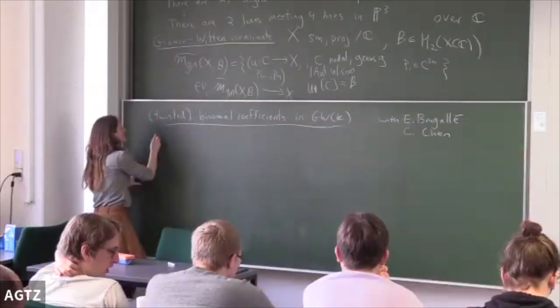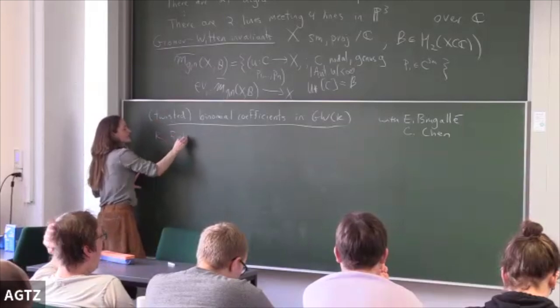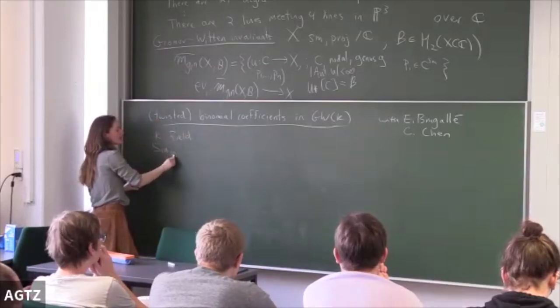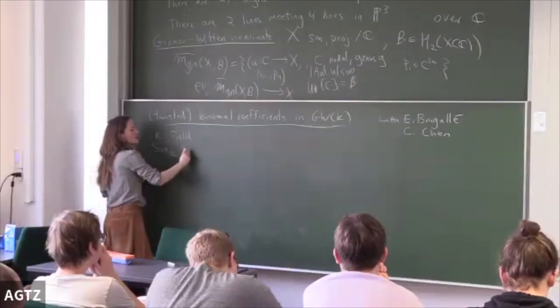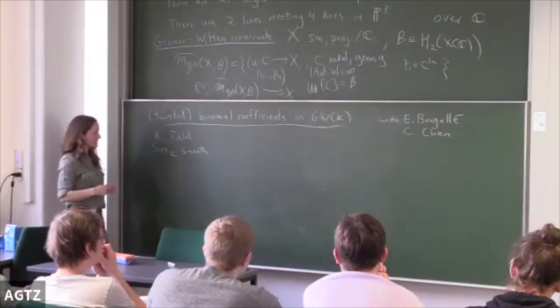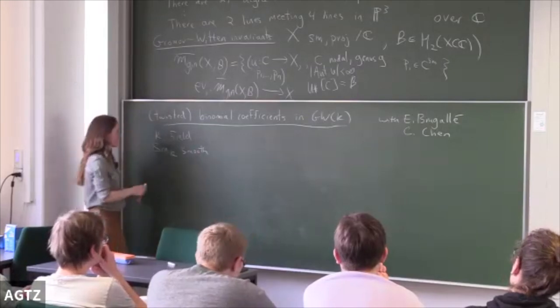So let's say K is a field, and on smooth schemes over K, the Grothendieck-Witt groups, if we sheafify them for the Nisnevich topology, make an unramified sheaf.